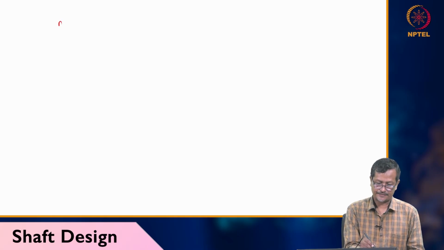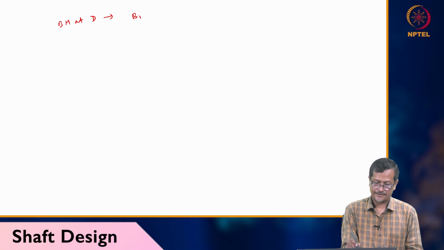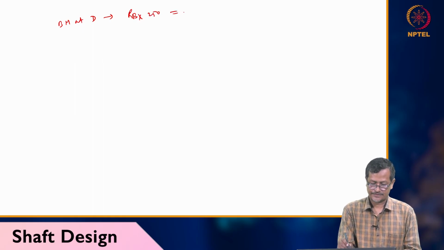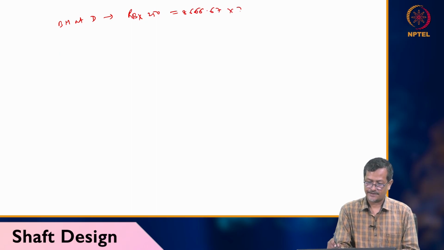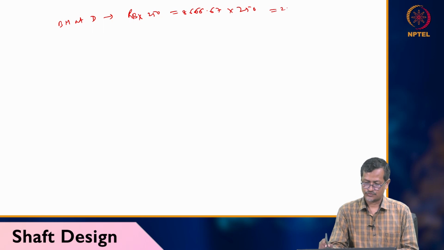Bending moment at D equals RB into 250 equals 8666.67 into 250 equals 2.166 into 10 power 6 Newton millimeter.